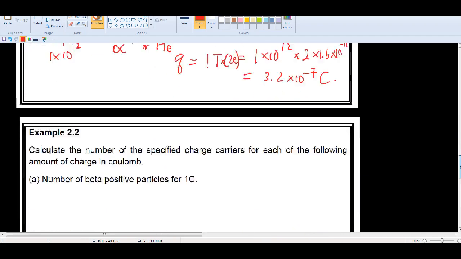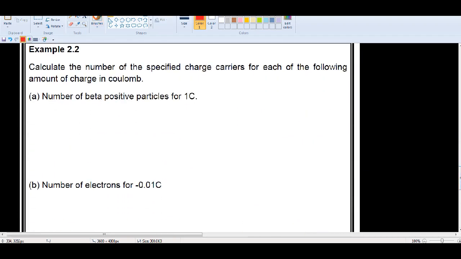The other type of question is finding the number of a specific charge carrier for each of the following amounts of charge. They give you the total amount of charge, and you are going to find the number of charge carriers. So you need to find the number of beta positive. What do we mean by beta positive? If you still remember, we've learned beta positive.